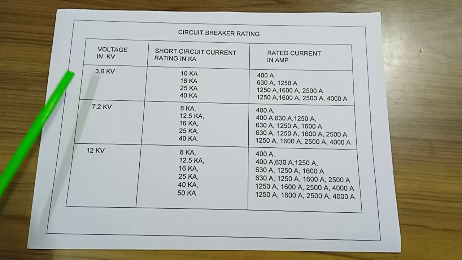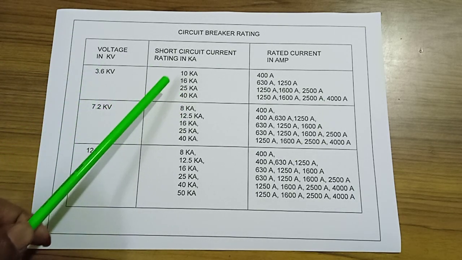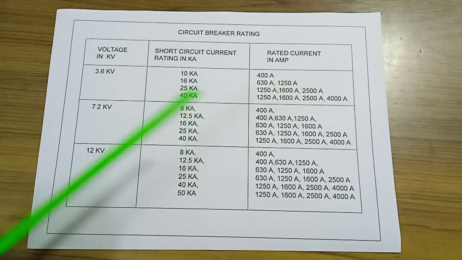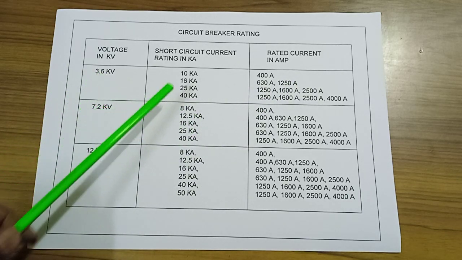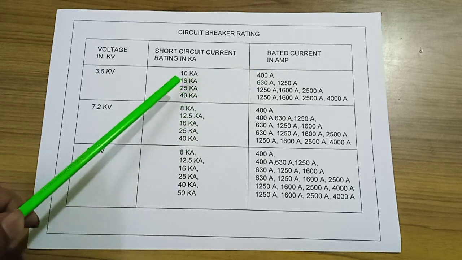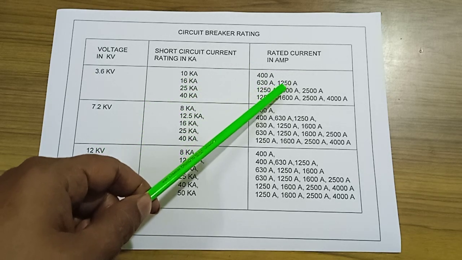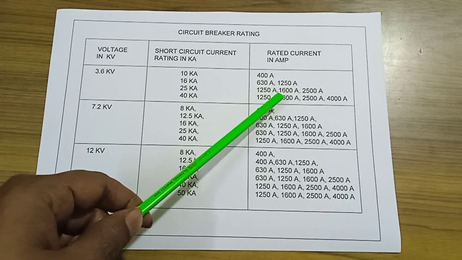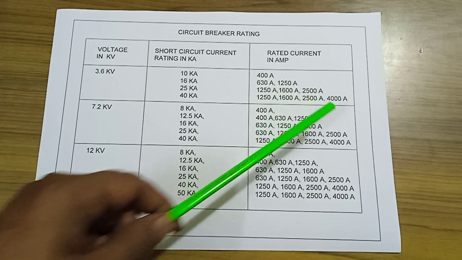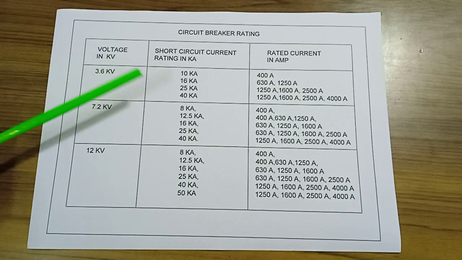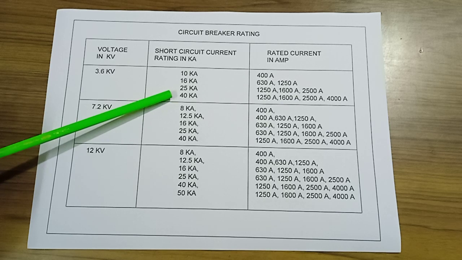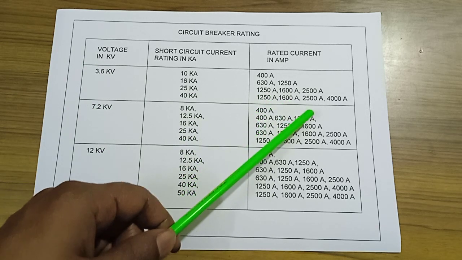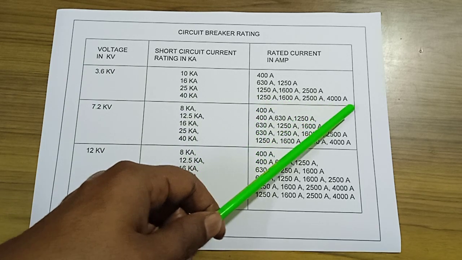For 3.6 kV: 10 kiloampere, 400 ampere; 16 kiloampere, 630 ampere, 1250 ampere; 25 kiloampere, 1250 ampere, 1600 ampere, 2500 ampere; and 40 kiloampere, 1250 ampere, 1600 ampere, 2500 ampere, 4000 ampere.